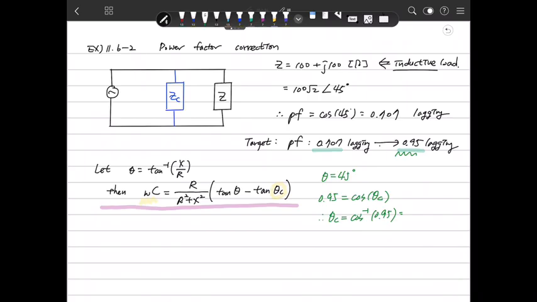So you need to make that value through the capacitor, theta C. That value is 18.19 degrees. It's very simple.